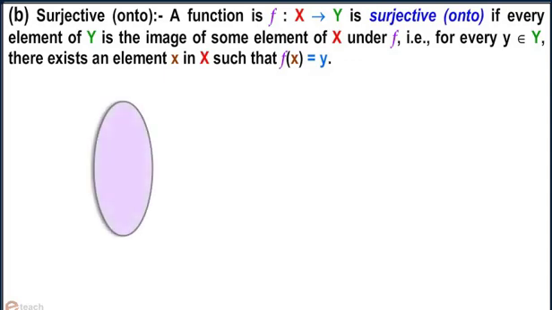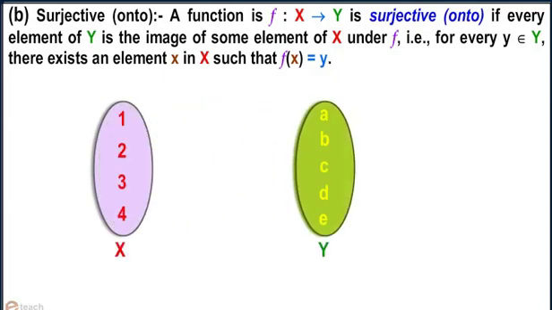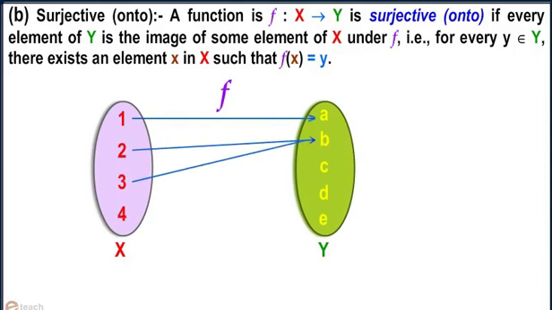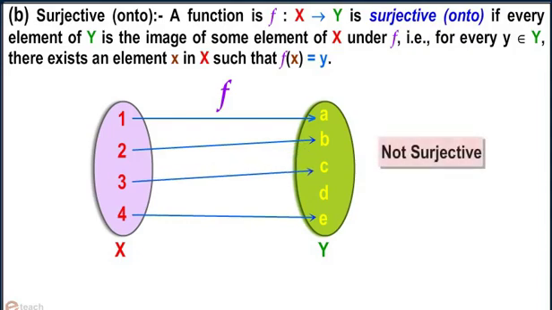Let us have some basic examples. In this function, all elements of set Y are not connected, hence it is not a surjective function. Similarly, in this function, element d of set Y is not connected, hence this is not a surjective function.